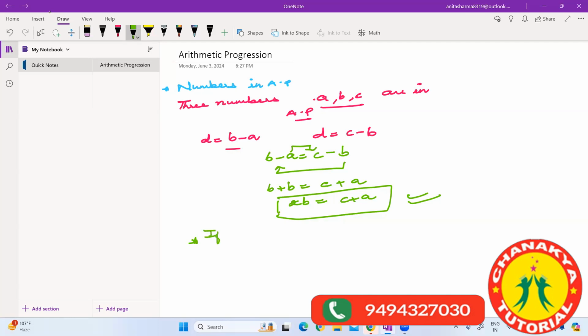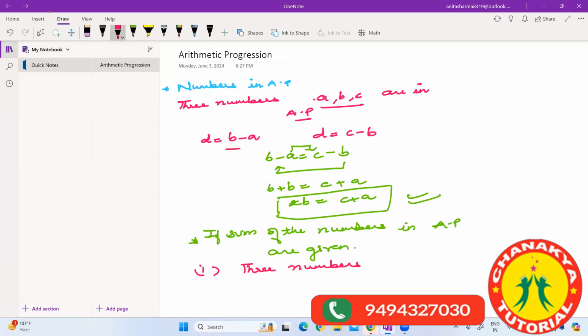First, if the sum of three numbers is given, then you have to suppose the numbers, and you will consider the three numbers as a minus d, a, and a plus d.